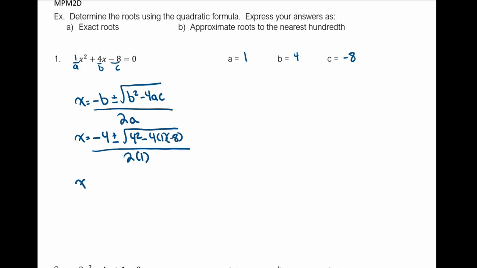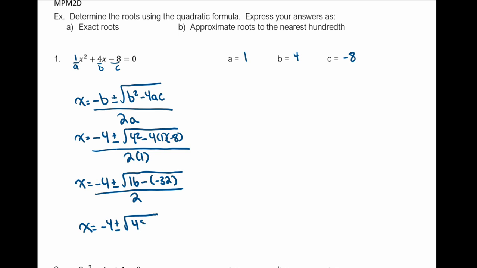Now I'm going to go through and simplify some things. So -4 plus or minus, I can do the 4 squared, which is 16, minus 4 times 1 times -8, or basically 4 times -8, -32, all divided by 2. And then x equals -4 plus or minus, I can simplify the square root. 16 plus 32 is 48, all divided by 2.